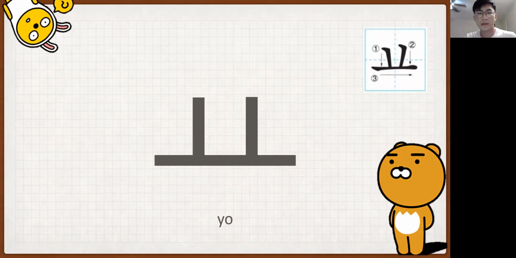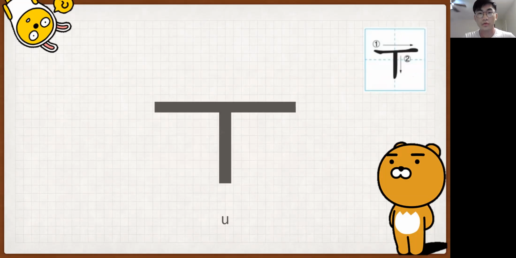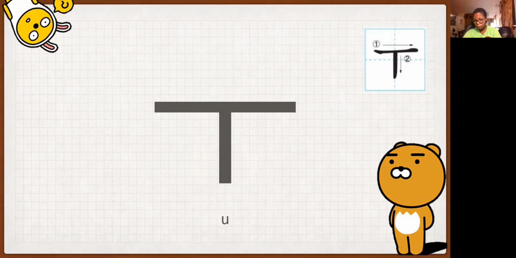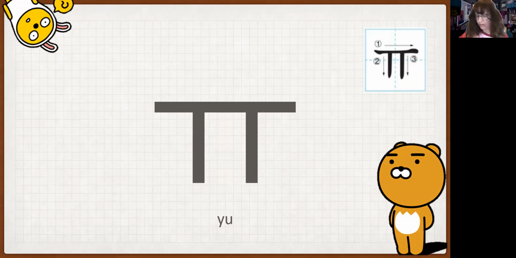The next one is u, and then yu. To make a syllable you have to have at least 1 consonant and 1 vowel, right?